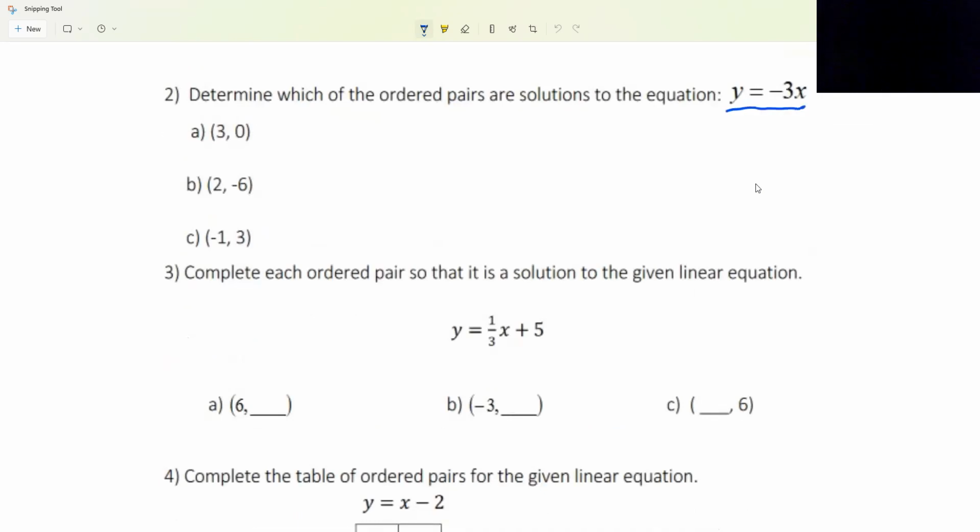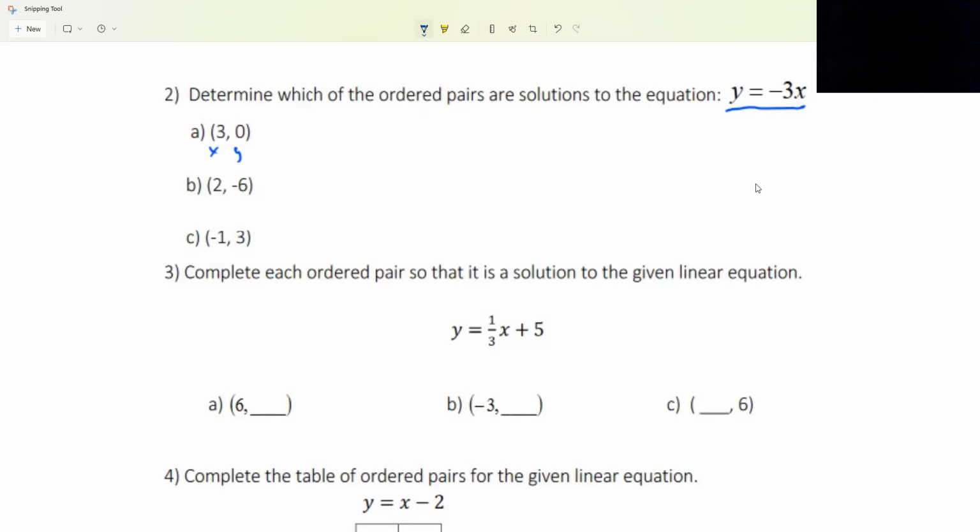So this is your equation. And you'll notice it's got a y and an x in it. And they give you an ordered pair here. So this is your x coordinate and your y coordinate. Remember, your x coordinate will always be first. And what you do is you just plug them in there. It says determine which of the ordered pairs are solutions to the equation.